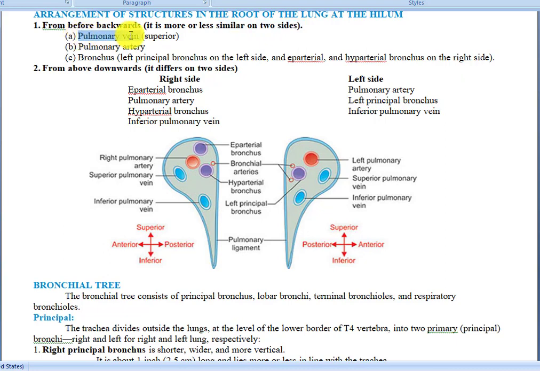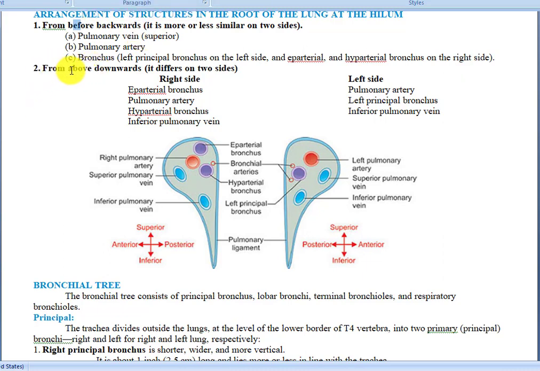Pulmonary vein, pulmonary artery, then bronchus: the left principal bronchus on the left side, and the eparterial and hyparterial bronchi on the right side, right? So this is the arrangement from anterior to posterior, right friends? First there is the pulmonary vein, then the pulmonary artery, then the bronchi.